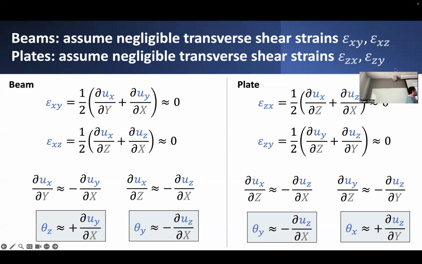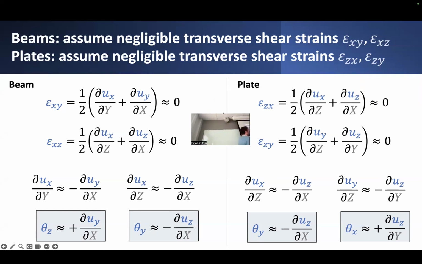And that's precisely how we come up with these approximations that relate various partial derivatives of ux with respect to y to minus uy with respect to x. Similarly, ux with respect to z is roughly equal to minus uz with respect to x. And the situation is very similar in the case of plate theory. Again, the advantage was to note that we're doing almost the same thing.